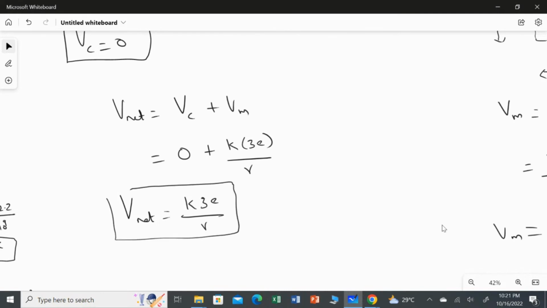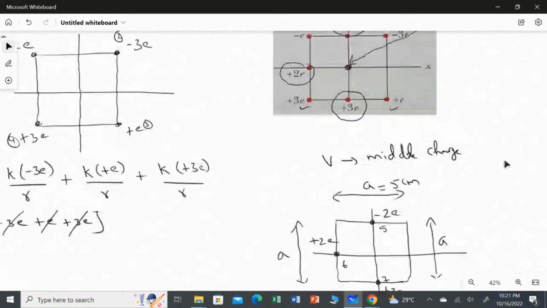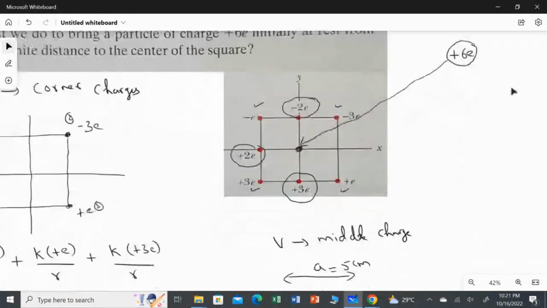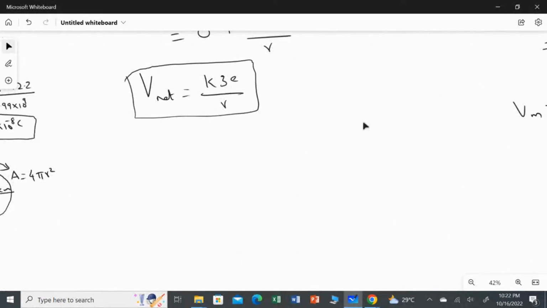Understand? Now we found the potential for these seven charges. Now we have to find the work done for bringing this 6E charge from infinite distance to the middle. So we have to use the formula for work done. What is the formula for work done? Work done is equal to q multiplied by the net potential.